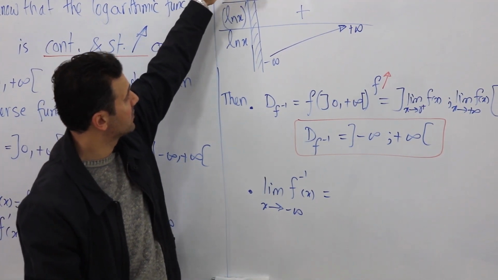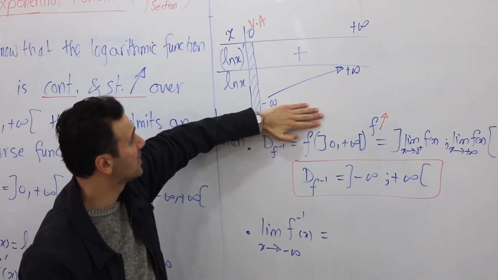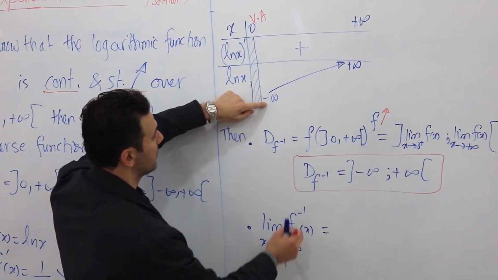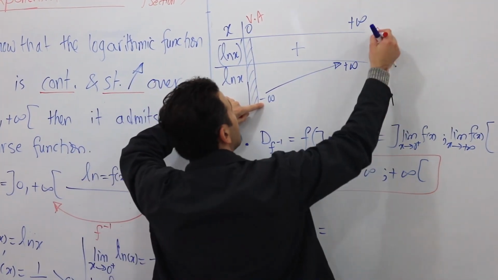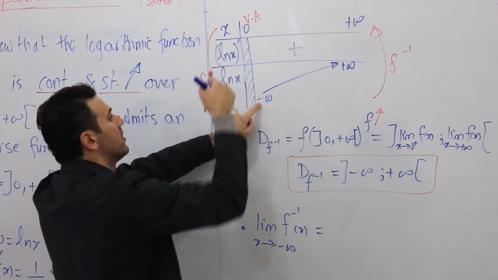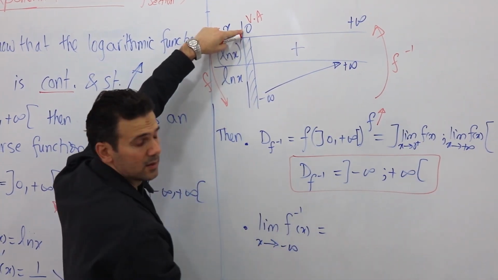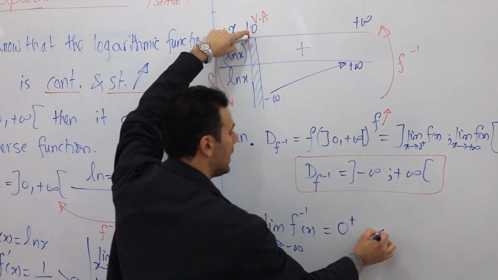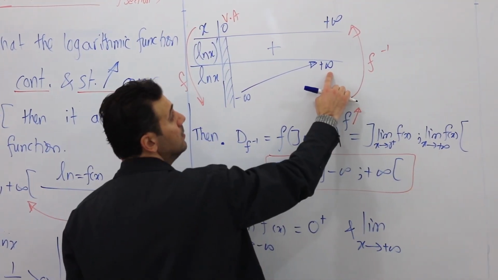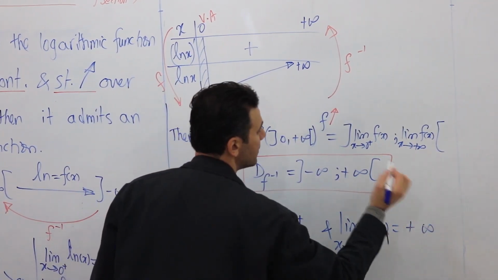F takes values from this interval to that interval, while f inverse takes the values from this interval to that interval. From this, we can deduce that f takes values from here over there. The limit as x tends to minus infinity of f inverse will be what? Yes, 0 plus. And limit as x tends to plus infinity of f inverse will be what? Also plus infinity.